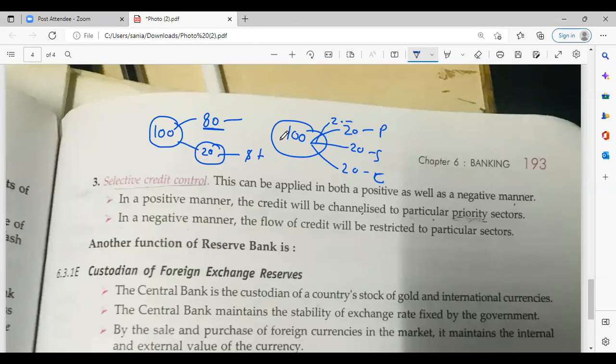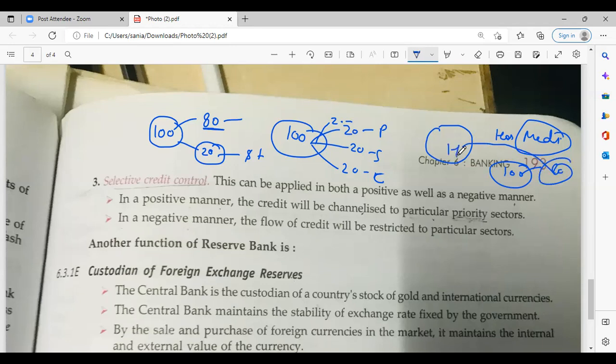This can be applied in both a positive as well as a negative manner. In the positive manner, the credit will be channelized to a particular priority sector. For example, during the time of corona, the medical and health sector needed more money. So if the government had 100 rupees, 80% was spent on the health sector.